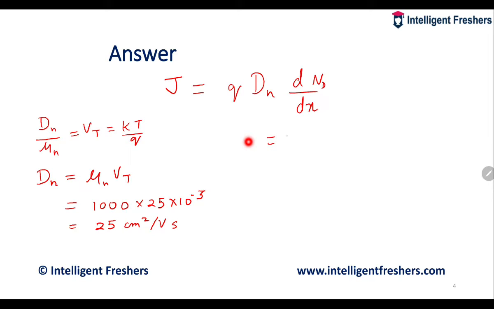So now we can put it in the final formula: 1.6 into 10 raised to the power minus 19, this is 25, and this is 1 into 10 raised to the power 21. So now on calculating, what do we get? 16 into 25.